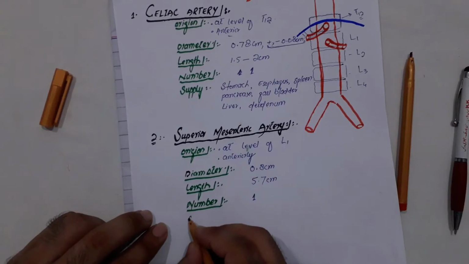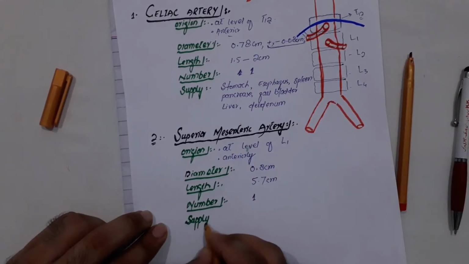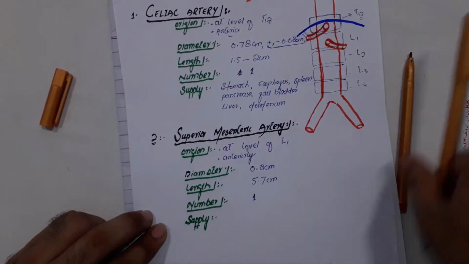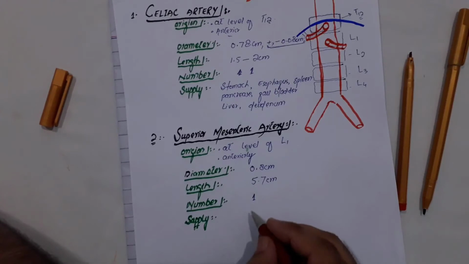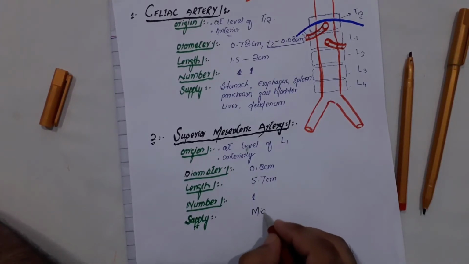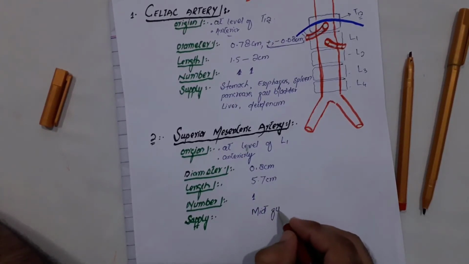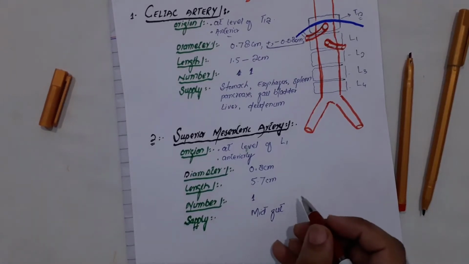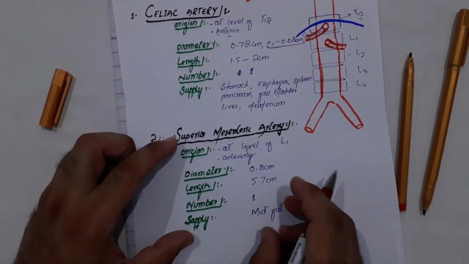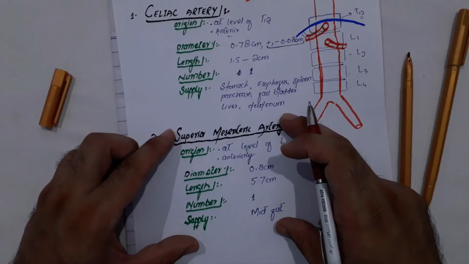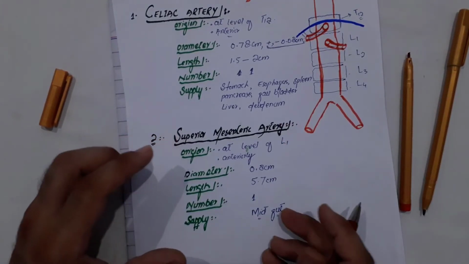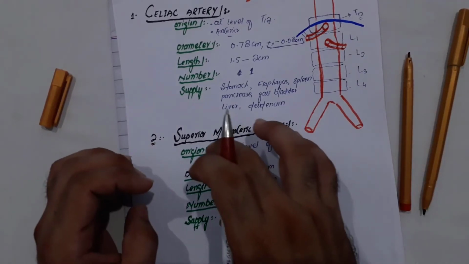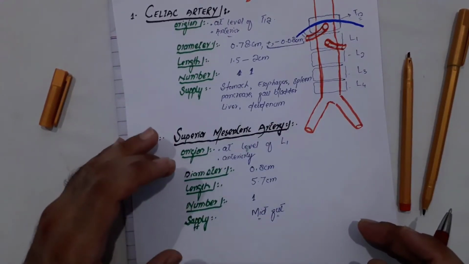Which organs does this artery supply? So this artery is responsible mainly to supply blood to the midgut, right? When we discuss the branches of the superior mesenteric artery, we will see which parts of the abdominal viscera it supplies with oxygenated blood.